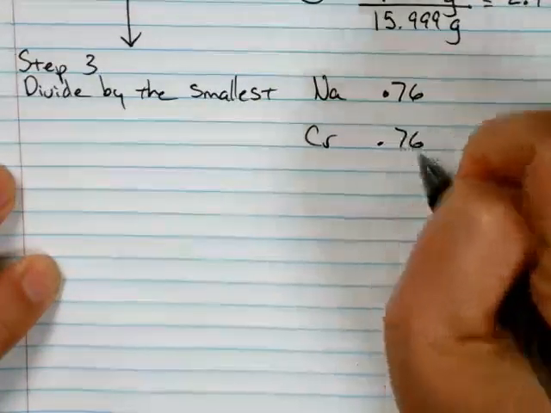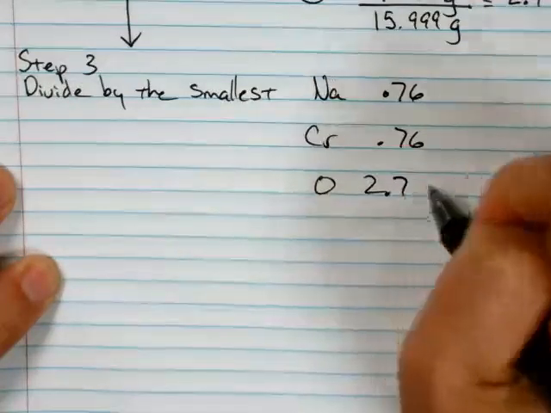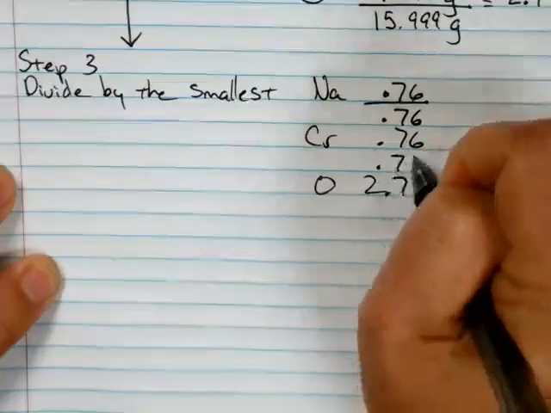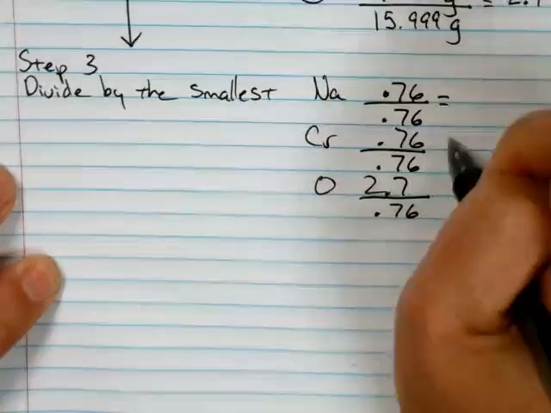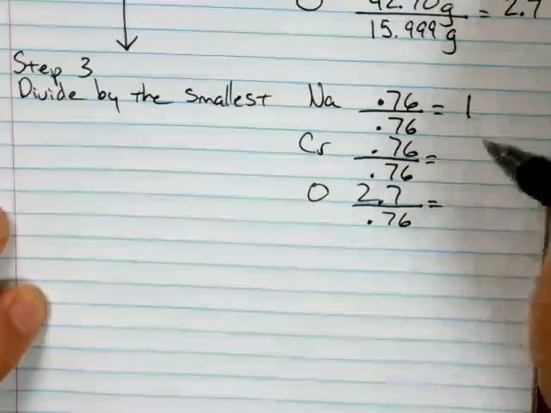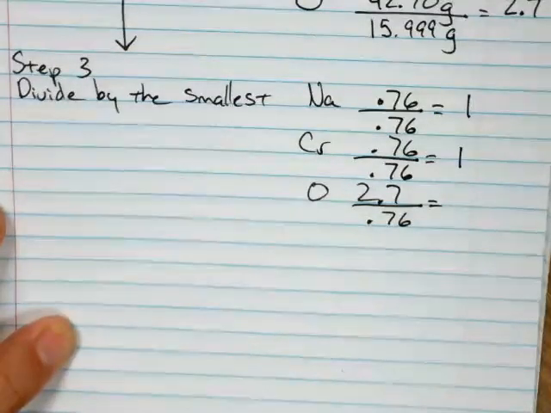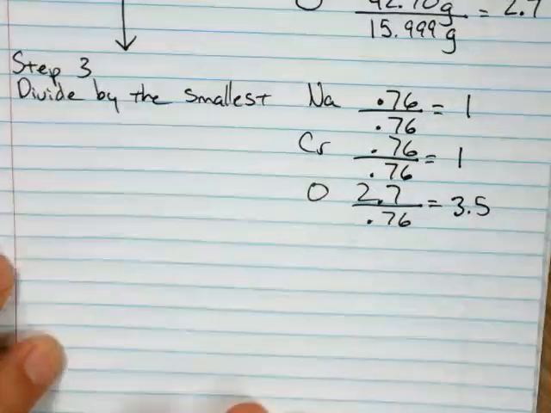Chromium is 0.76. And then oxygen is 2.7. So we're going to divide each of those by 0.76. 0.76 divided by 0.76 is 1, and then 2.7 divided by 0.76 is 3.5.